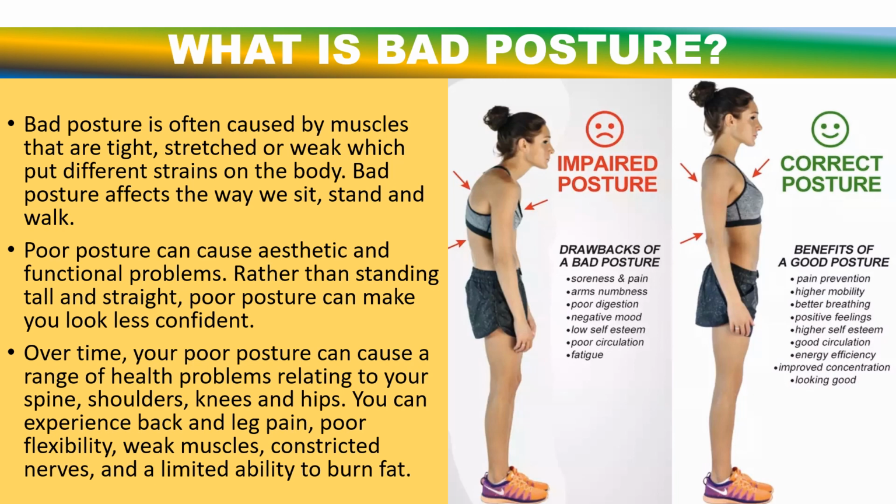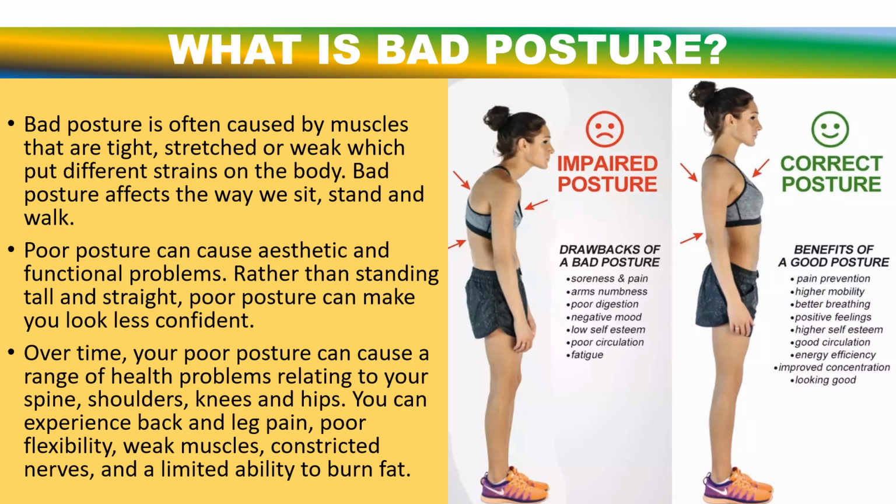What is a bad posture? Bad posture is often caused by muscles that are tight, stretched, or weak, which put different strains on the body. Bad posture affects the way we sit, stand, and walk.